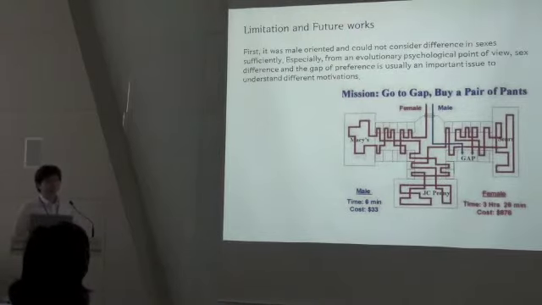Of course, my suggestion has some limitations. First, it was male-oriented, as it says, hunting versus sniper game, fishing, something like that, and could not consider the difference in sex sufficiently. I got this picture on Google: mission, go to the store and buy a pair of pants.